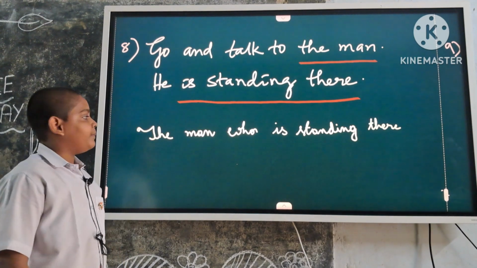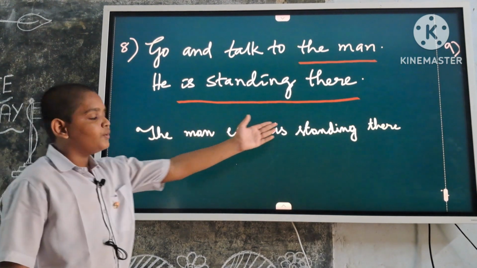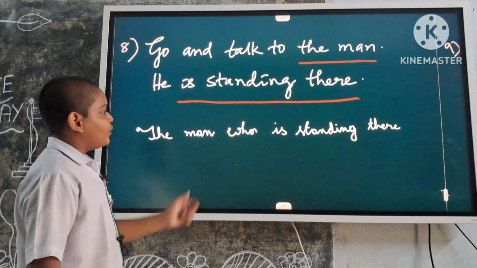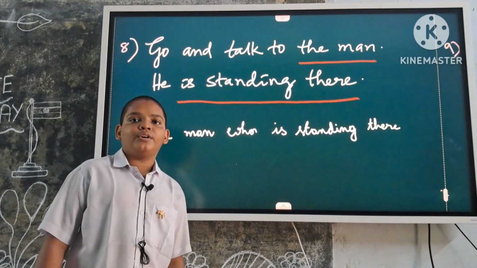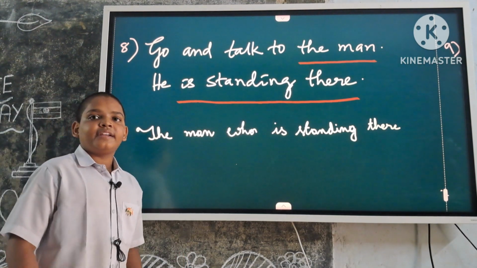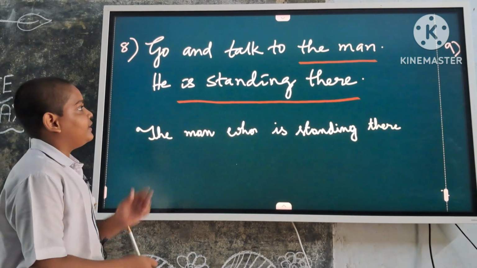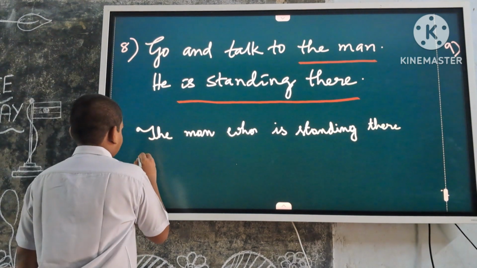Here the newly formed noun phrase is the man who is standing there. Who is standing there is post modifier relative clause. We can do another noun phrase with this noun phrase.